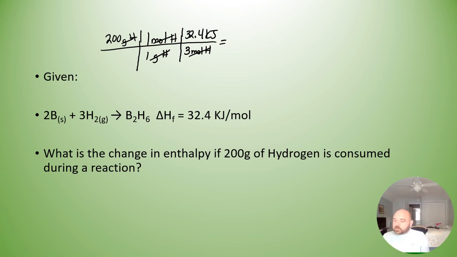When we do 200 times 32.4 divided by 3, that lets me know that approximately 2,160 kilojoules of energy are necessary for this reaction to go forward and consume 200 grams of hydrogen.